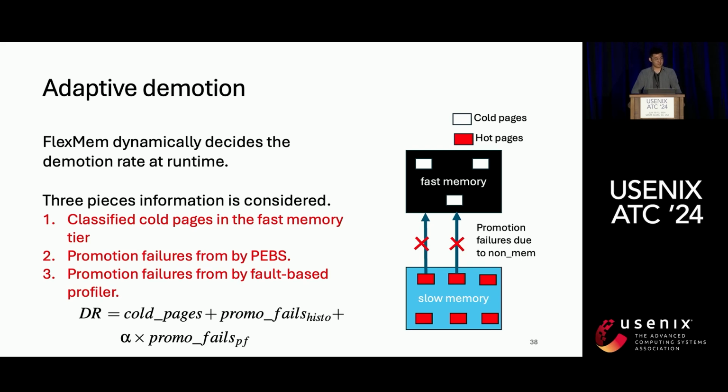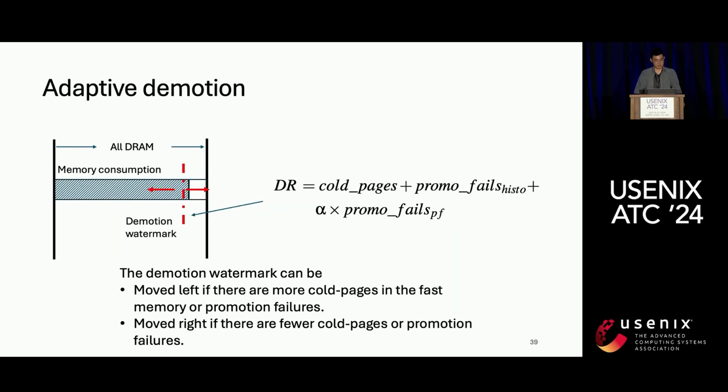We have an equation to calculate the demotion rate at runtime. By this equation, the demotion watermark can be changed. The demotion watermark can be moved left if there are more cold pages in the fast memory, or there are more promotion failures in the last period. And it can move right if there are fewer cold pages or promotion failures.